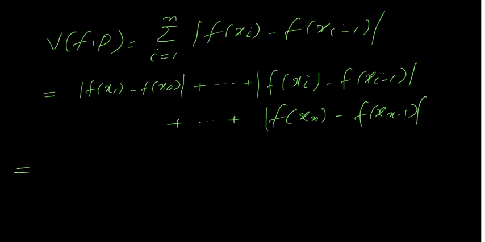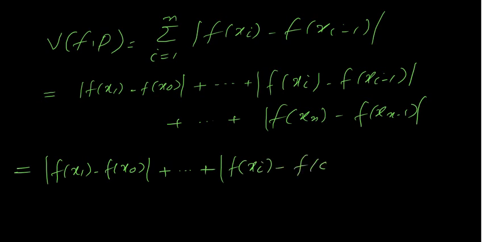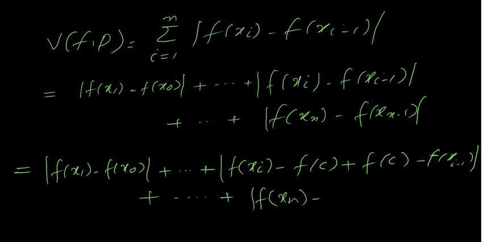That is equal to mod of f of x1 minus f of x naught, plus mod of f of xi minus f of c plus f of c minus f of xi minus 1, adding and subtracting f of c, plus mod of f of xn minus f of xn minus 1.